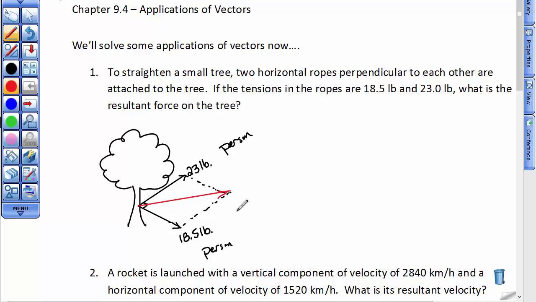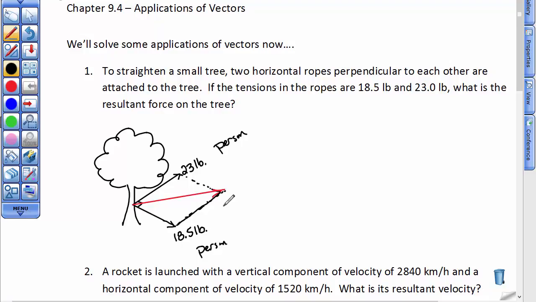But remember, what you have here is a right triangle. So the 23 pounds is right here, while the 18 is right here. So I'm going to go ahead and just erase this just so you can see this. I'm going to put the 23 right here and the 18.5 right here.